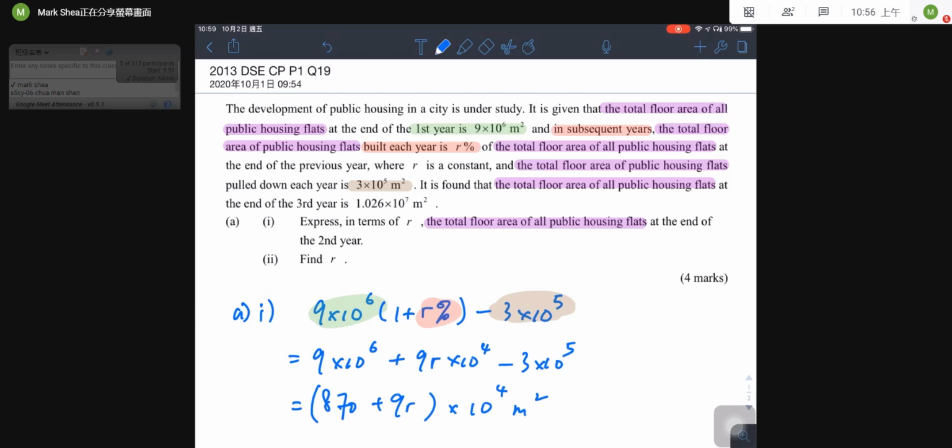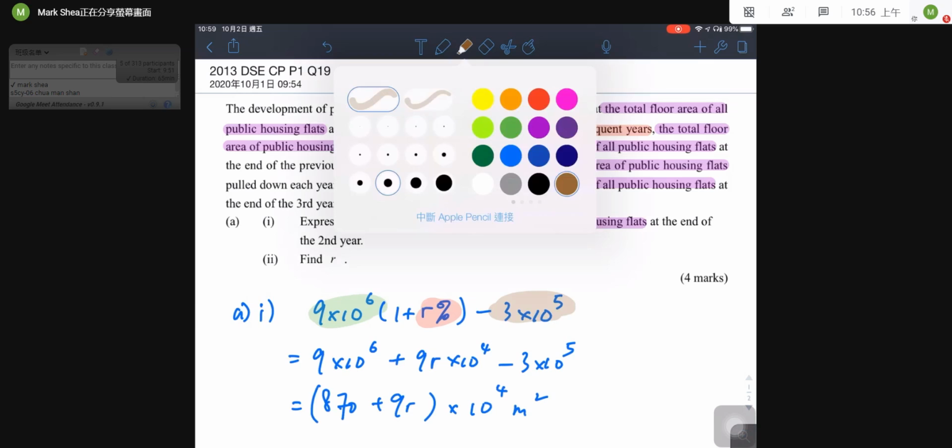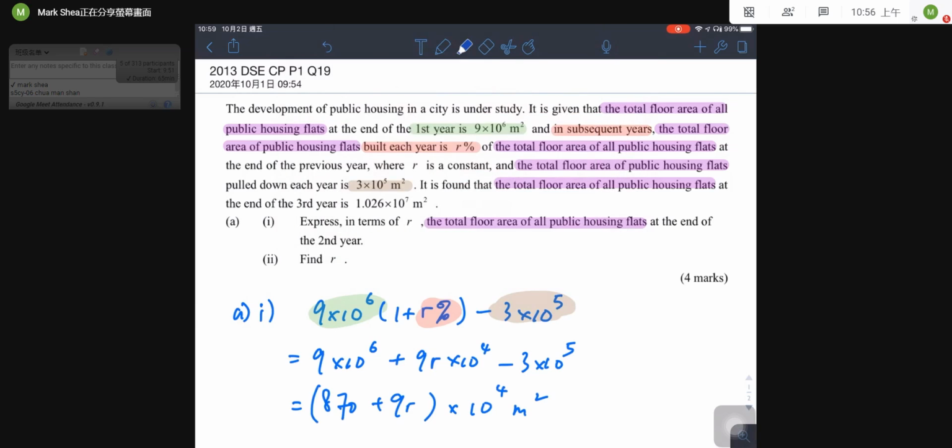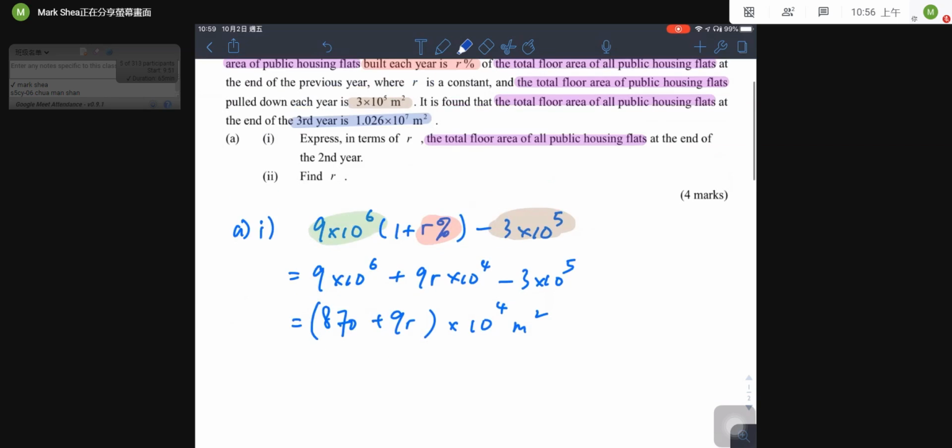For A2, how can we find out? Now here R is unknown, so we need to find out one more piece of information from the question. That is, at the end of the third year, the area is 1.029 times 10 to the power 7. So it means that we need to set up an equation to solve for R. Now from part A1, we have the area in the second year.